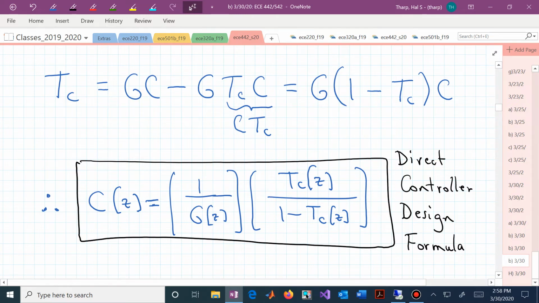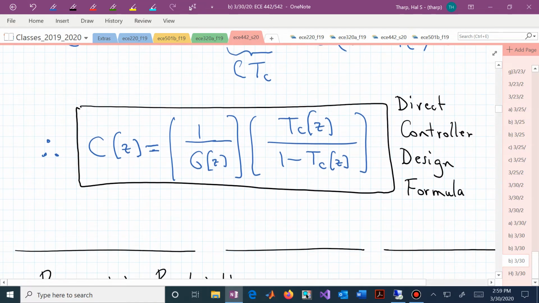We were trying to derive this. If we now create c of z, our controller transfer function, based on this relationship, we will know by construction that the closed loop transfer function between the reference input and the output will equal t sub c of z.